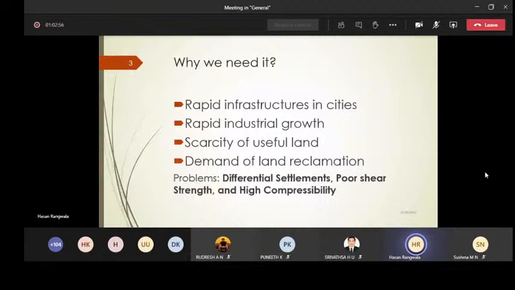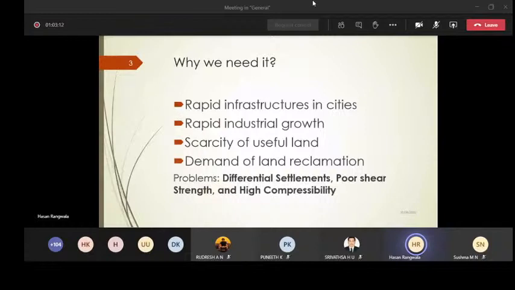Here, whenever I say construction purposes, it may include buildings or any infrastructure or structure within this engineering domain.